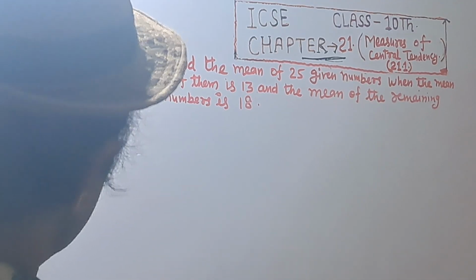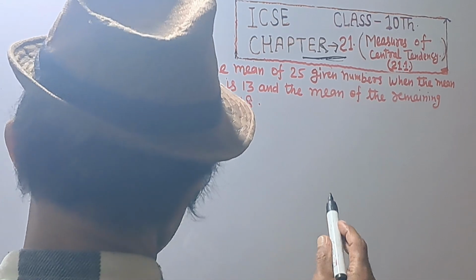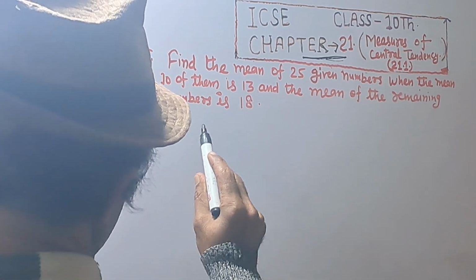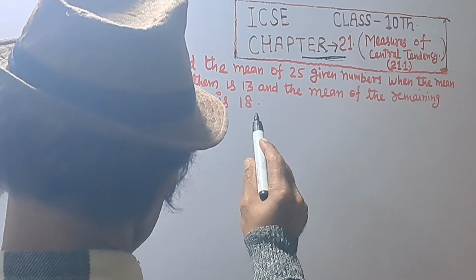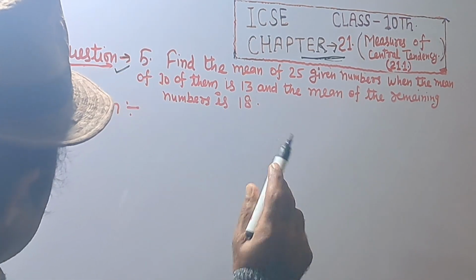Question number 5. Find the mean of 25 given numbers when the mean of 10 of them is 13 and the mean of the remaining numbers is 18.